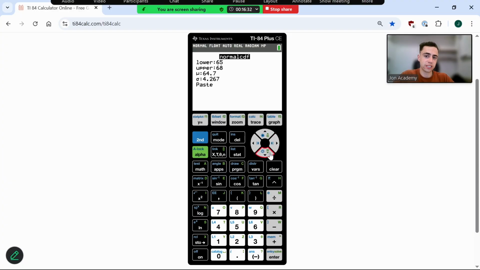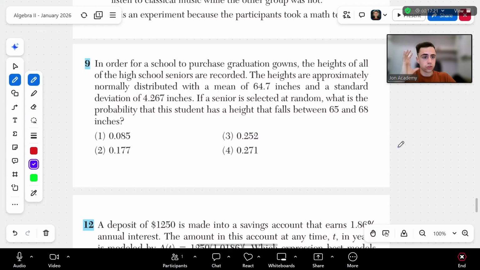The lower one is 65, the upper 68, the mean was 64.7, and the standard deviation is 4.267. And once done that, we can click on paste here and enter. And we are gonna get this number. So it's 0.252 and some more decimals. So let's go back into the answers and choose the correct one. So as we can see, the correct answer is just the third one here.